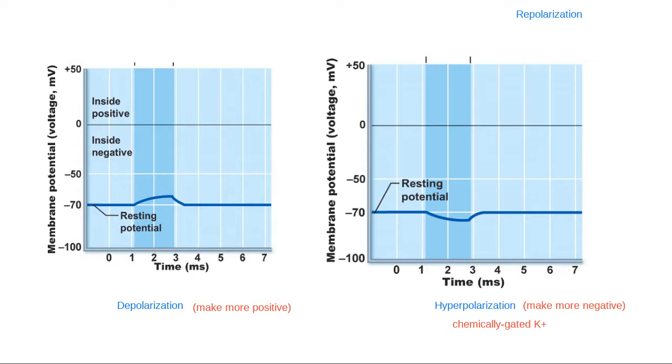There was one other kind of chemically gated ion channel that we also said made things more negative. Who else can make things more negative? What other kind of chemically gated channel makes things more negative?